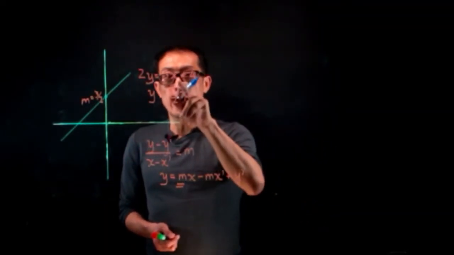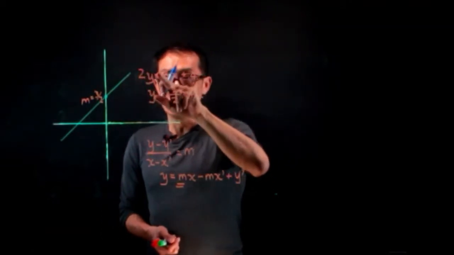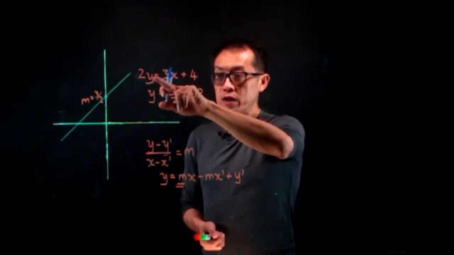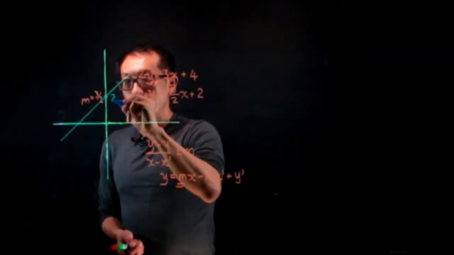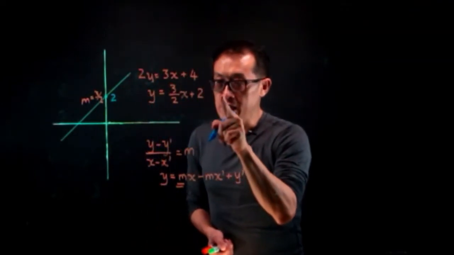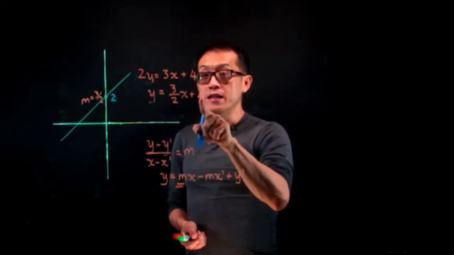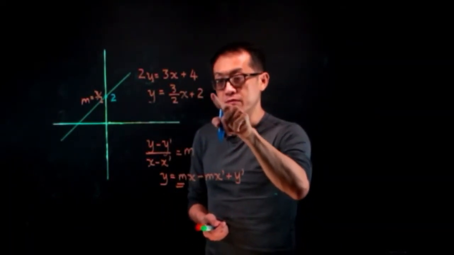So you put x equals 0 here, so this part will be 0, and then your y will be equal to 4 divided by 2. So this point is 2. Or if you have expressed it in this form, y equals mx plus c, then this c is also called the y-intercept.